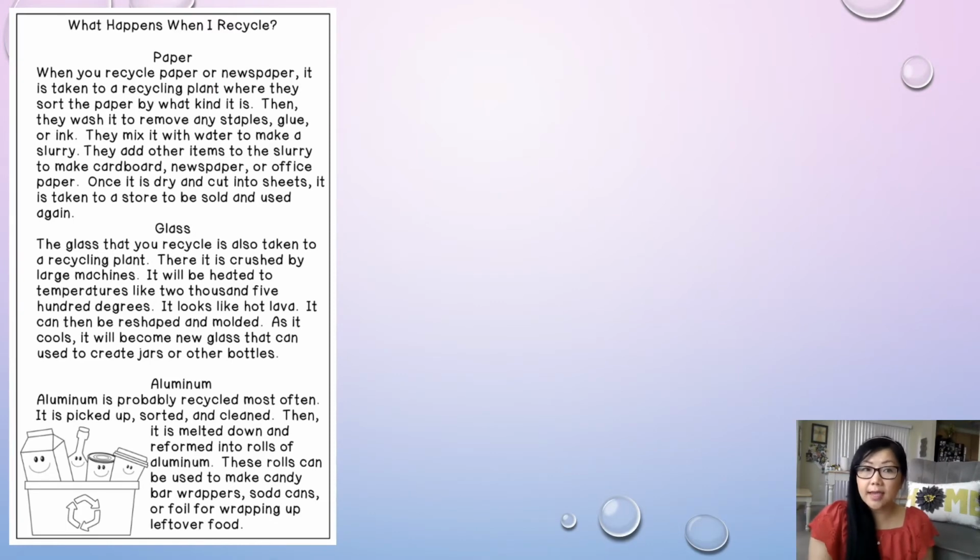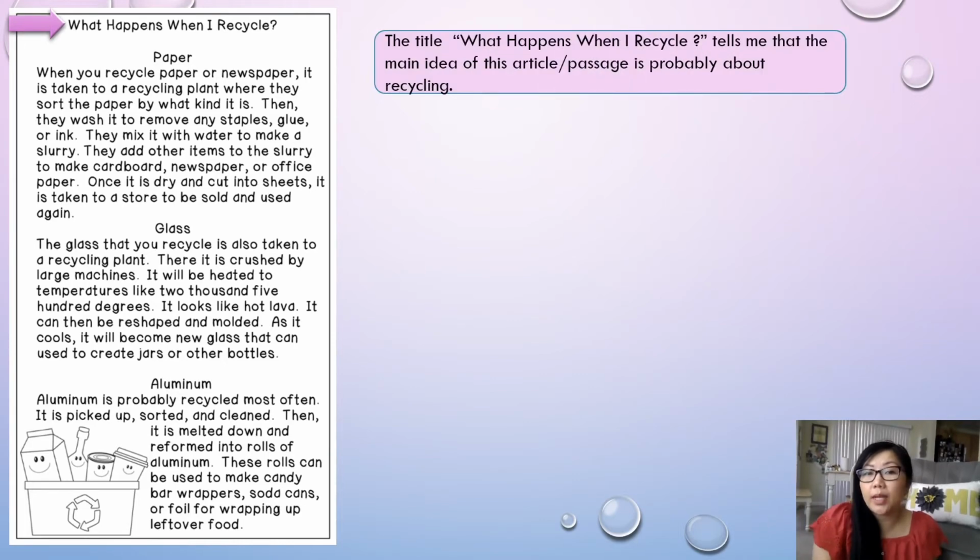Here is the text. Before we get into reading, we are going to use the title and the subtitles to make a prediction. Let's see if we can figure out what this text is about even before we start reading it. The title, What Happens When I Recycle, tells me that the main idea of this article is probably about recycling.